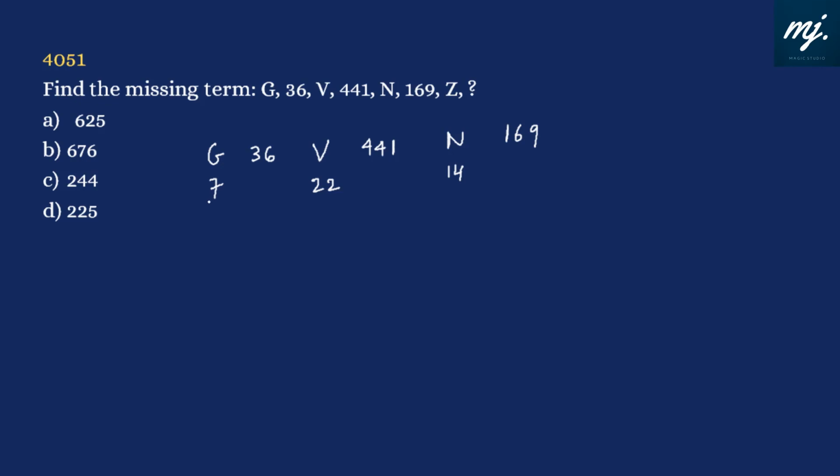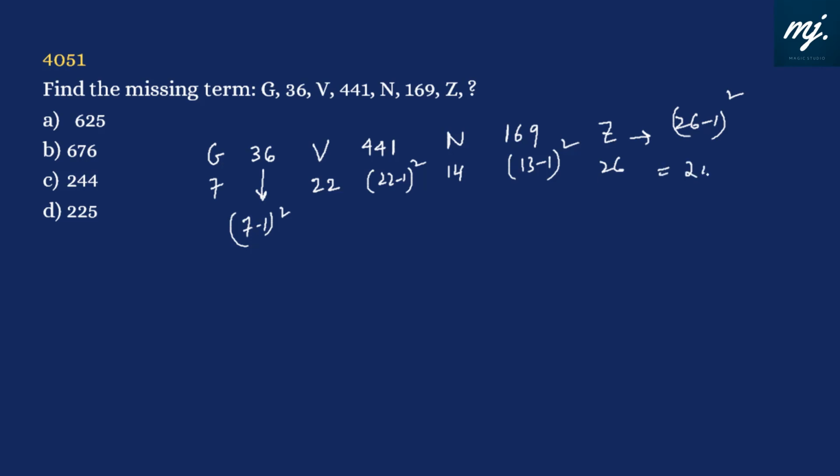So you can see this is 7 minus 1 whole square, 441 is 22 minus 1 whole square, and 169 is 13 minus 1 whole square. Z is 26th, so it should be 26 minus 1 whole square, that is 25 squared, or 625. The missing number in the series is 625. Mark option A, and let's move on.